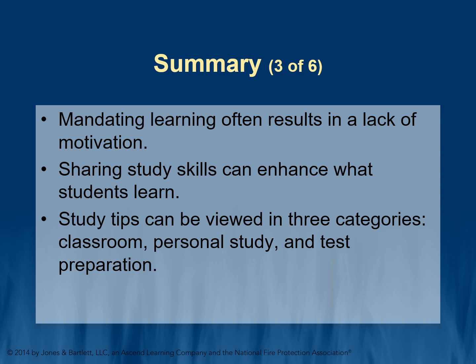Mandating learning often results in a lack of motivation. People don't want to be there. They're unmotivated to receive the material. And we have to find ways to motivate our students. Study tips or study skills for the classroom, personal study, and preparation for exams we've discussed.